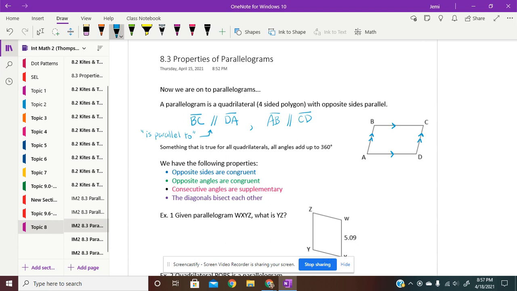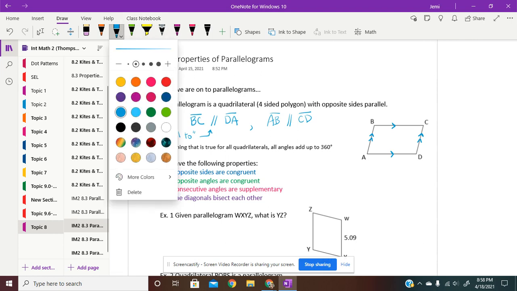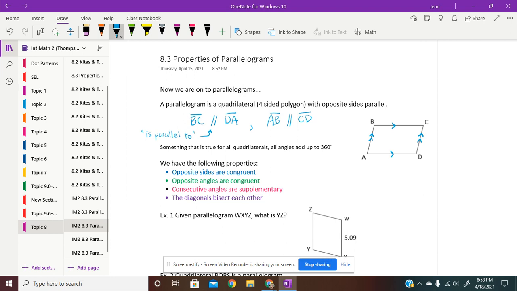A reminder of something that is true for all quadrilaterals is that all angles will have a total sum of 360 degrees. Because I have a parallelogram, I have the following properties that are true. The first thing is opposite sides are congruent. My congruent marks are these little straight lines.